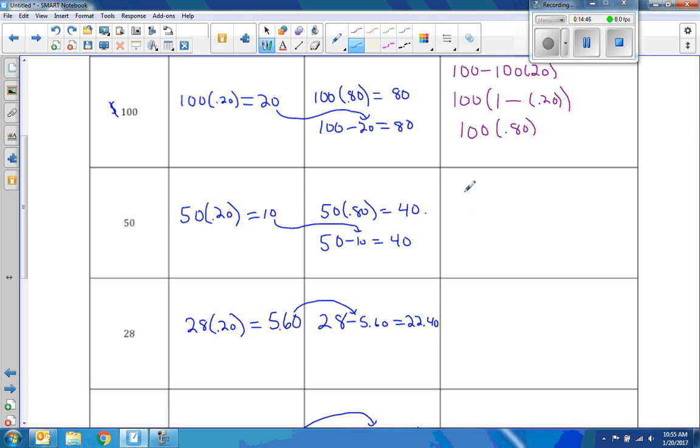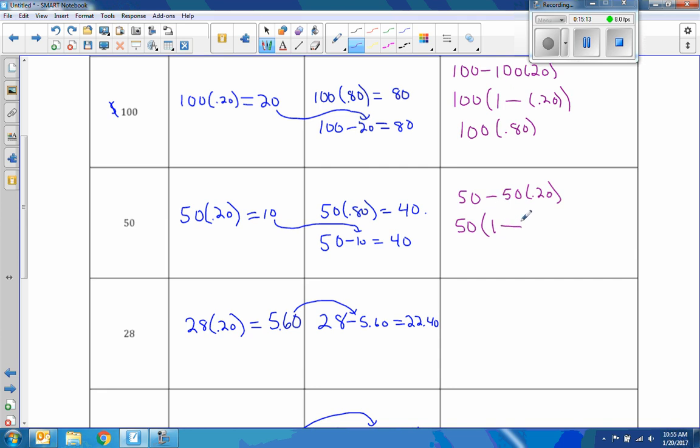So in this case, we want our expression to be our original price minus our discount, which was 50, original price, times 0.20. This has a value of 50. This has a value of 50 here, so we can do what's called factoring out like terms. This has a 50, and that has a 50, so I can take it out of each. So 50 divided by 50 is 1.